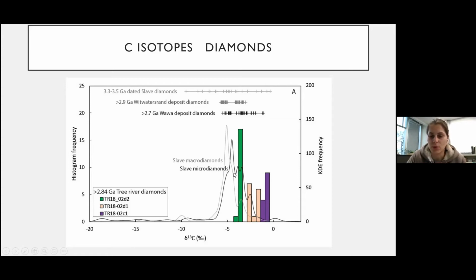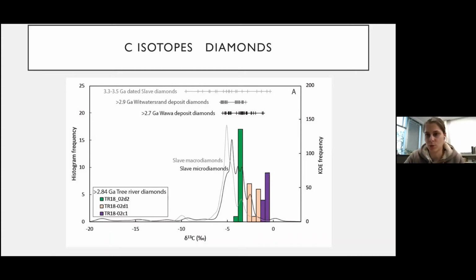As well, our samples plot on the heavier end of some of the diamonds in the literature that have been dated and were of similar age. For example, the 2.7 billion year old diamonds from the Wawa deposits, around 2.9 billion from the Witwatersrand deposits, and some of the Slave diamonds.